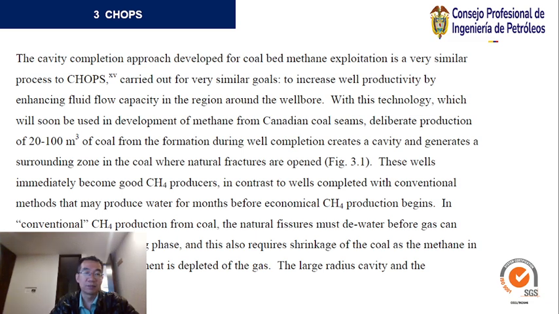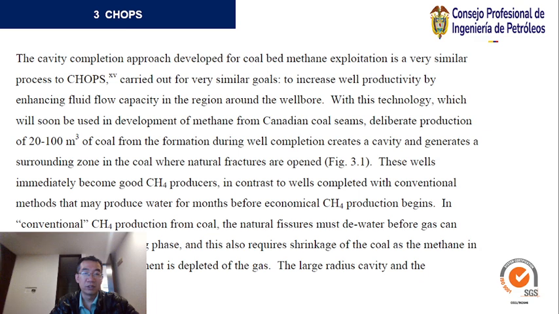These wells immediately become good CH4 producers, in contrast to wells completed with conventional methods that may produce water for months before economical CH4 production begins.